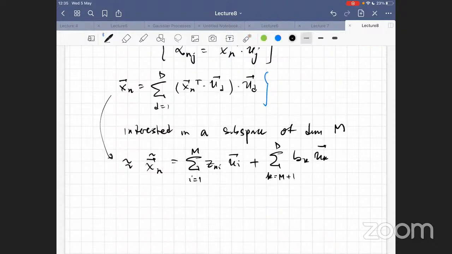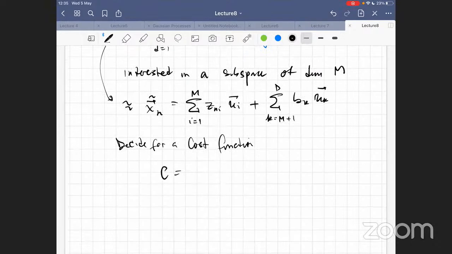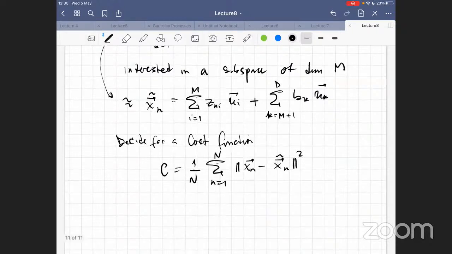And then once I propose this, let's decide on a cost function. The cost function here is just the average of the following quantity, which is x_n minus its approximation x tilde_n.